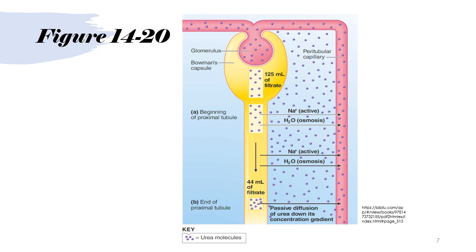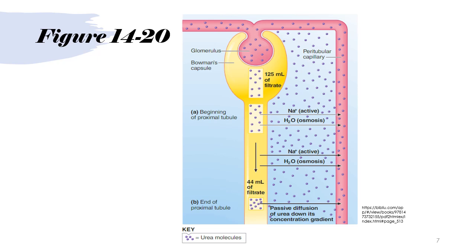So let's backtrack a little bit. Extensive reabsorption of water in the proximal tubule gradually reduces the original 125 milliliters per minute of filtrate until only 44 milliliters per minute of fluid remain in the lumen by the end of the proximal tubule.